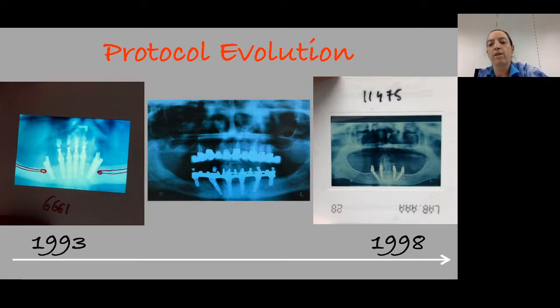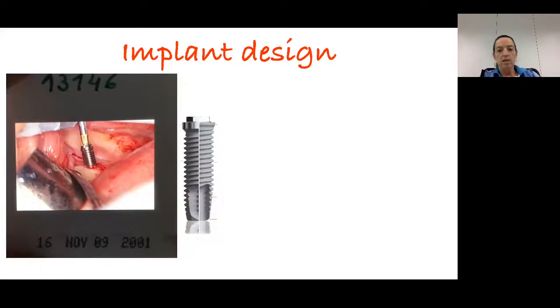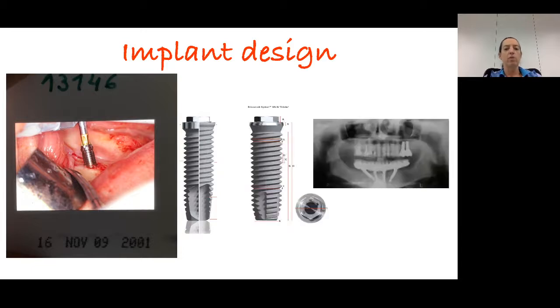From there, we continued with our protocol, we saw that it was working, and we started to follow our patients. The implants we were using by this time were the machined surface implants from Nobel Biocare, the MK2, MK3 and MK4 implants, and they were working fine.